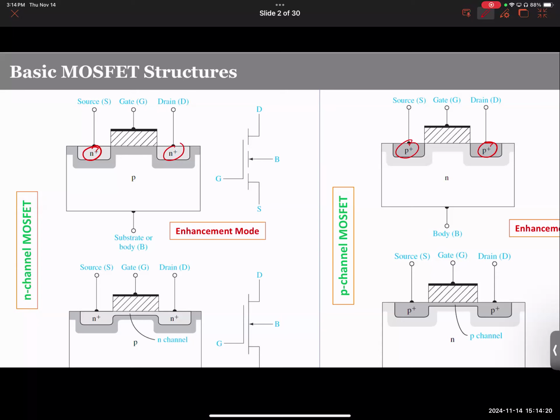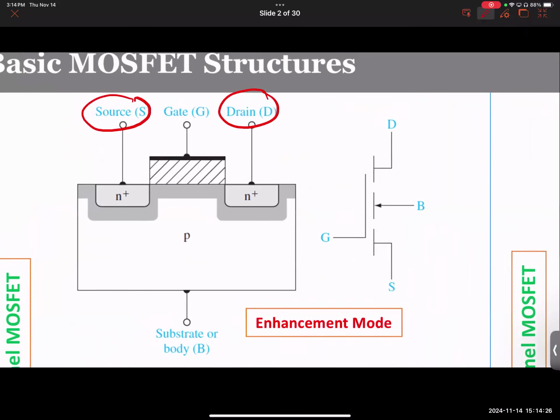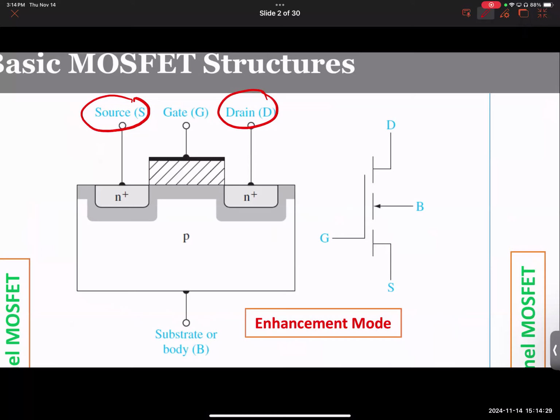They have more electrons. So why do we call this source and why do we call this drain? The name should give you some hint. We use this terminal as the source of electrons. When you apply positive voltage to the gate, this terminal provides the electrons that drain out of the other terminal. Does that make sense, folks?